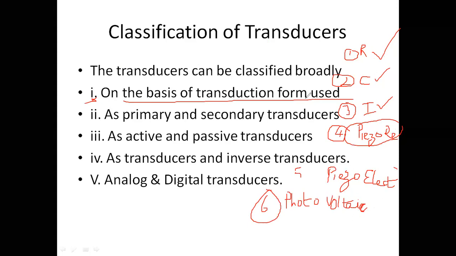If the transducer uses the resistive principle to convert input into electrical form, it is called a resistive transducer. If it uses the capacitive principle, changing capacitance, it is called a capacitive transducer. If it uses the inductive principle, that is called an inductive transducer. If it uses the piezoresistive principle, it is called a piezoresistive transducer.